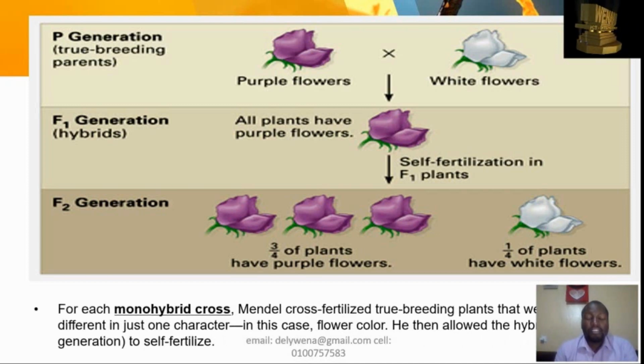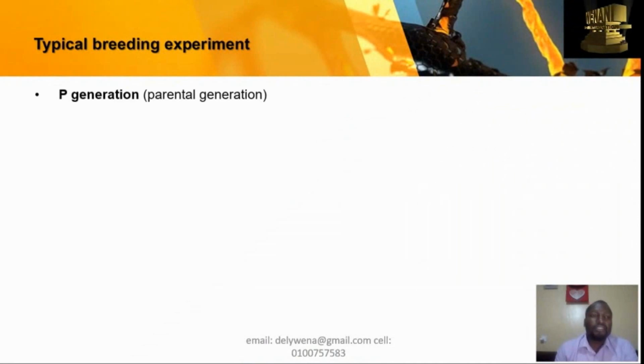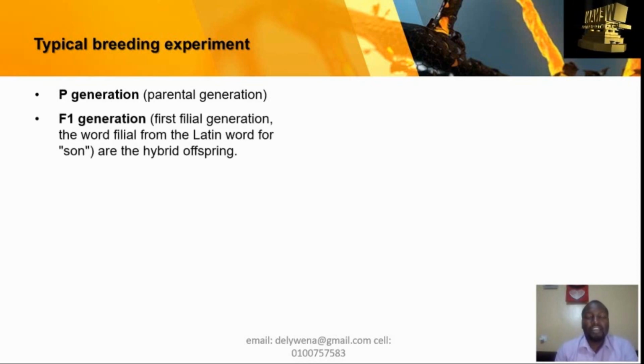So, he discovered for each monohybrid cross, Mendel cross-fertilized true-breeding plants that were different in just one character. In this case, flower color. He then allowed the hybrids, that is the F1 generation, to self-fertilize. Now, in a typical breeding experiment, we have our parent generation, then we have our F1 generation.